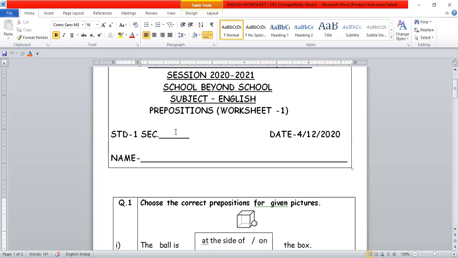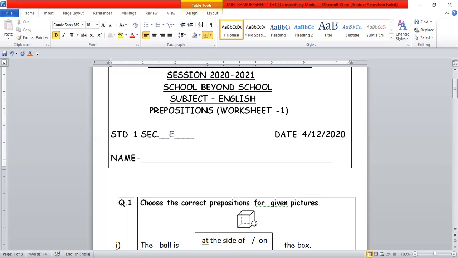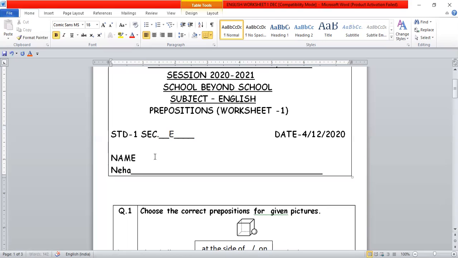So what we are going to do, you have to quickly write your section E and write your name here. So my name is Neha. So I hope you are using cursive writing to write Neha Prasad. Okay, with the space. So I would want you to write similarly.